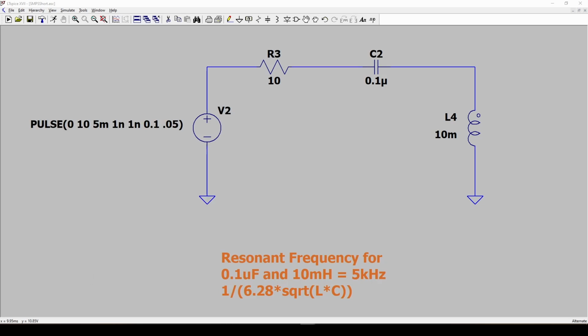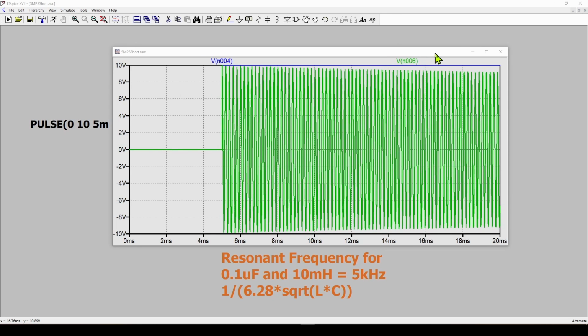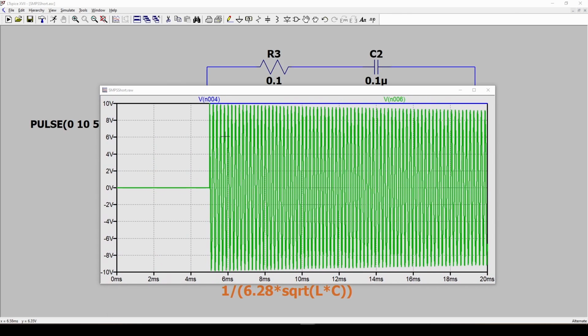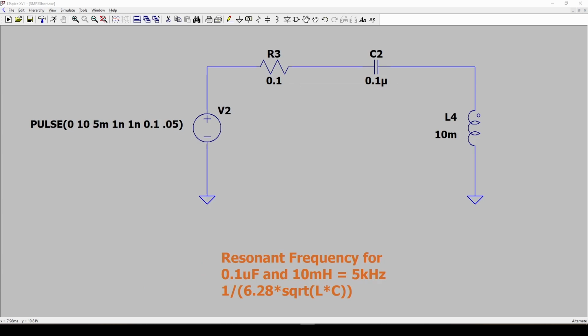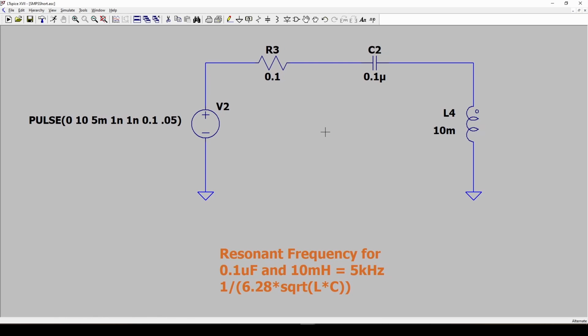But if I change this back to 0.1 ohms, and I look at the number of peaks above 5 volts, you can see it's many, many peaks, and it could go on for a few seconds. So we can use the number of peaks or the number of rings to effectively determine the relative amount of resistance in this circuit. And that is basically what a ring tester does.